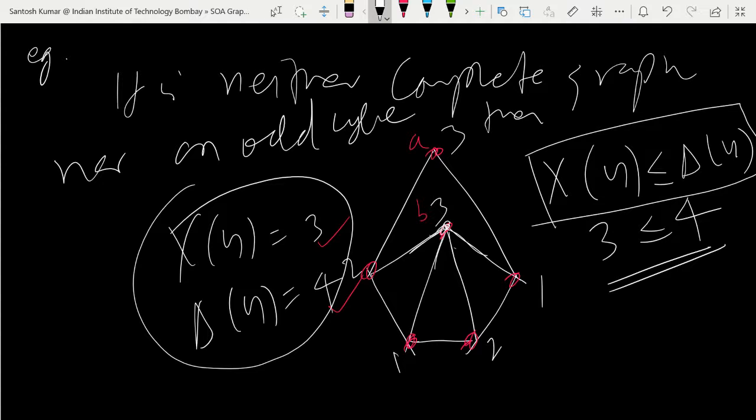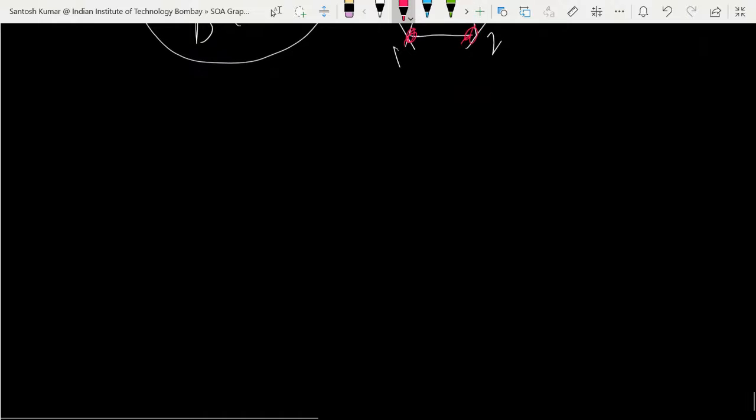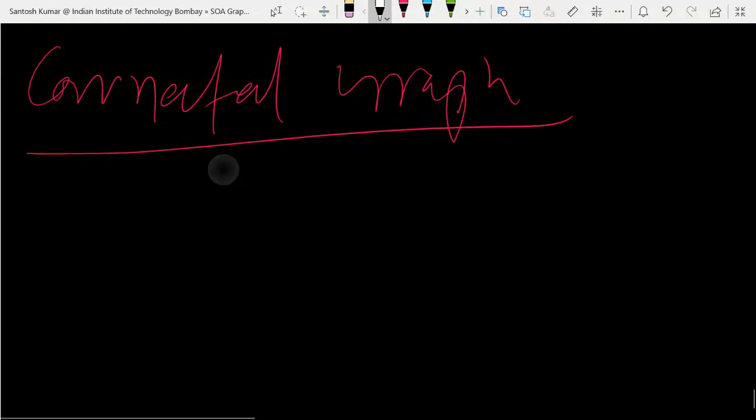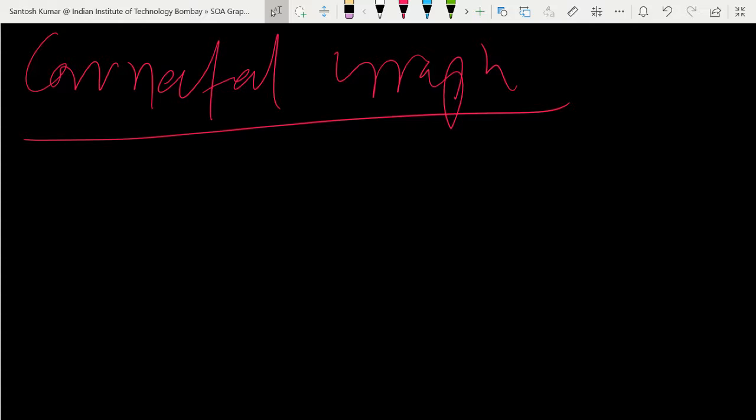So for any connected graph, okay, is it connected? Yes, sir. So how do you define connected graphs? What is the definition of a connected graph? There exists a path between any two vertices. Yes.